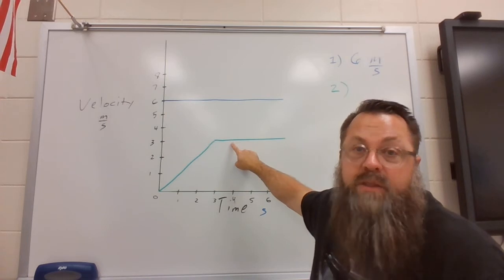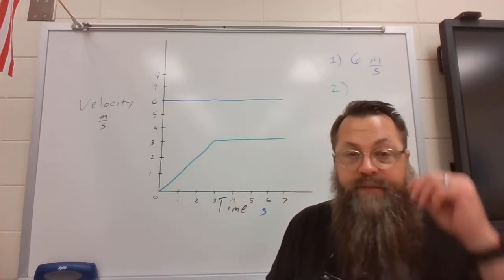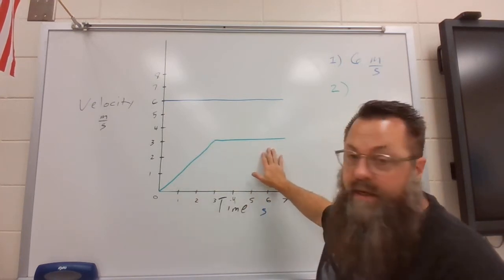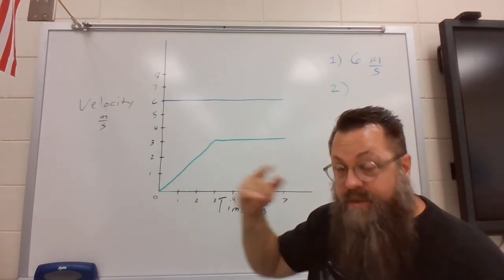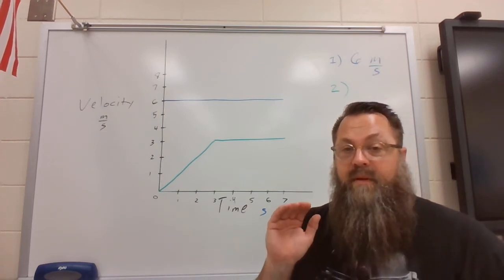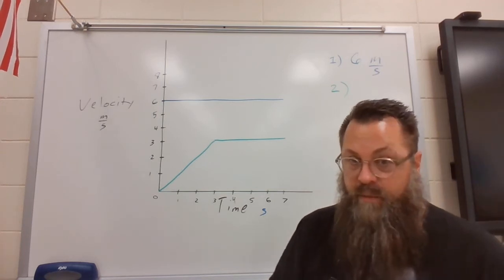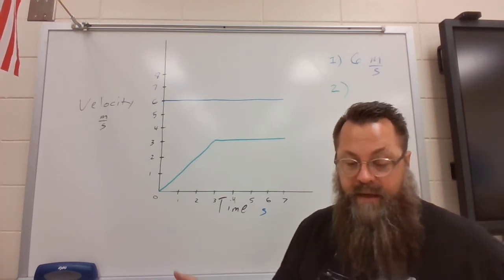At second number 4, also 3 meters per second. 5, 6, 7. Every second so far after that, it's still at 3 meters per second. So this object is still moving, which is key, right? This object is still moving. It's just not getting faster anymore. It's not accelerating anymore.